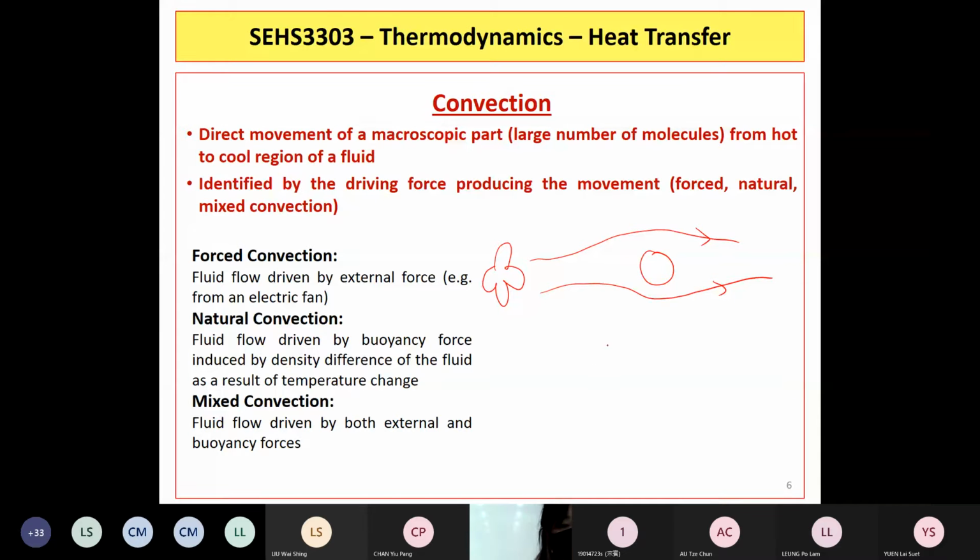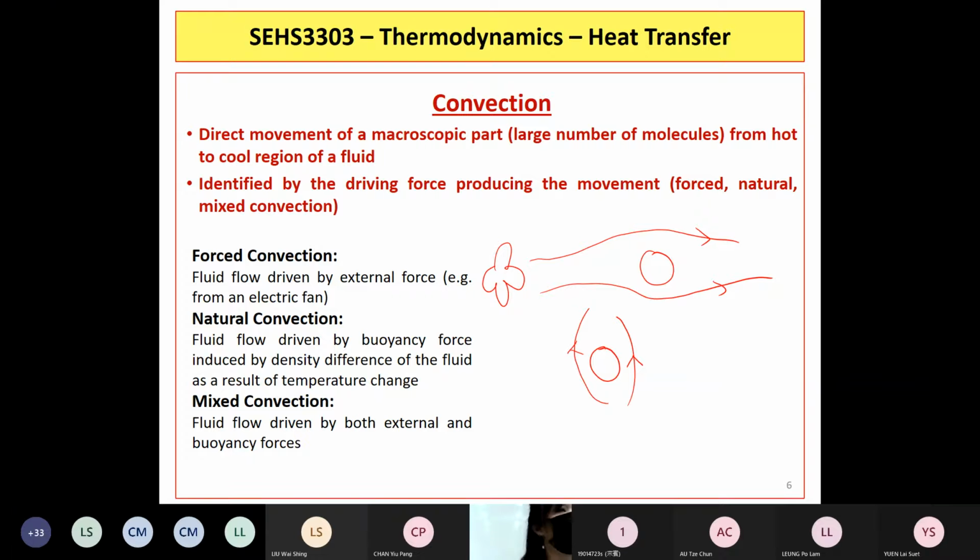So if we have a hot sphere, the temperature of the sphere is higher than the surrounding air. So due to the buoyancy force, we have such airflow.